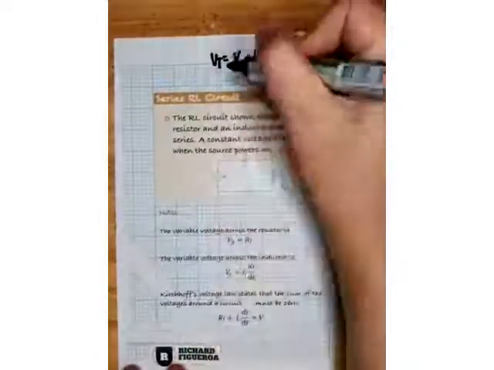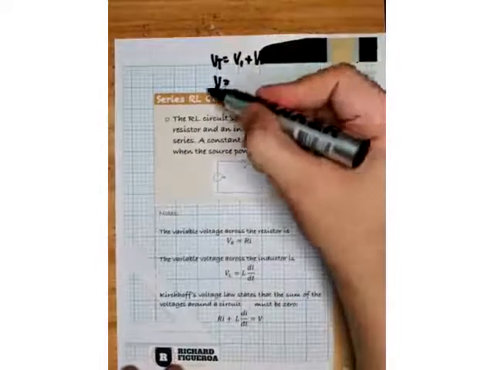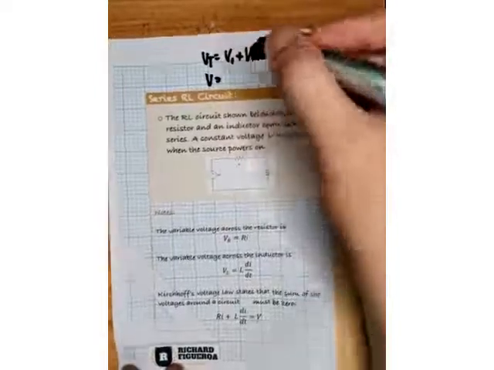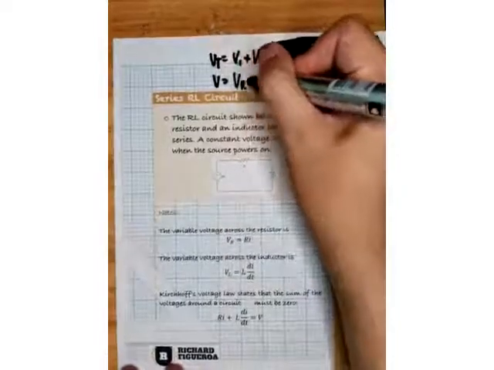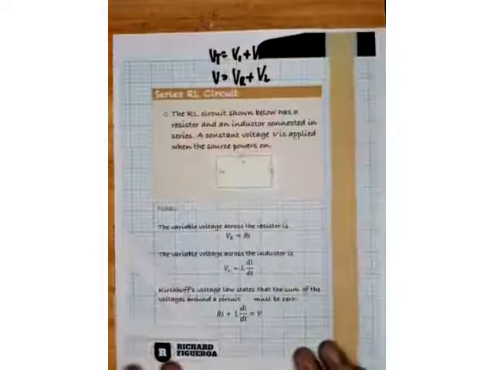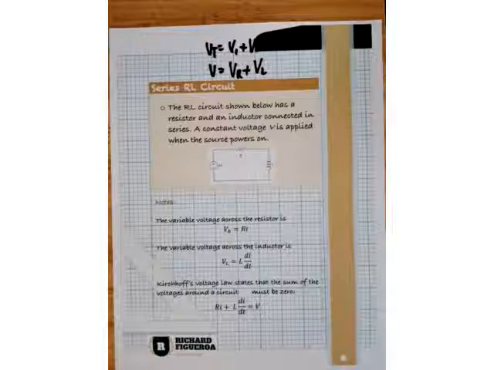Ang voltage total natin dito, yung source voltage, at yung voltage 1 and voltage 2 natin, yun yung voltage across yung resistor natin at saka yung inductor. So that's why it's VR, the voltage across the resistor, plus the voltage across the inductor. So yan ang property ng voltages pagdating sa series circuit.